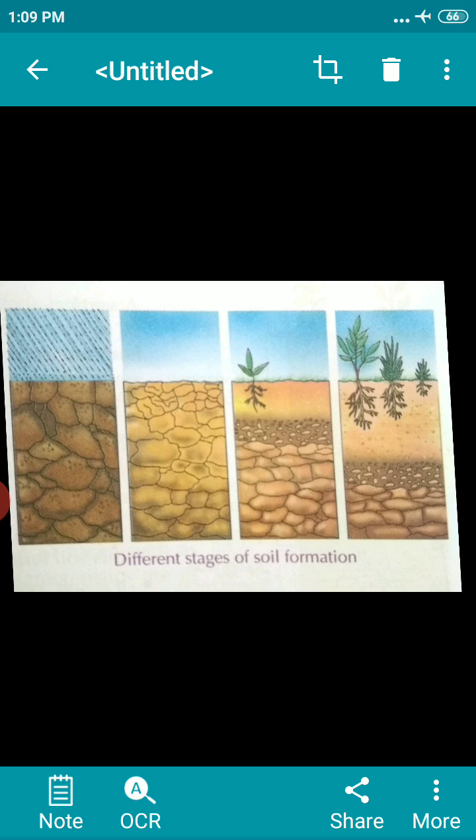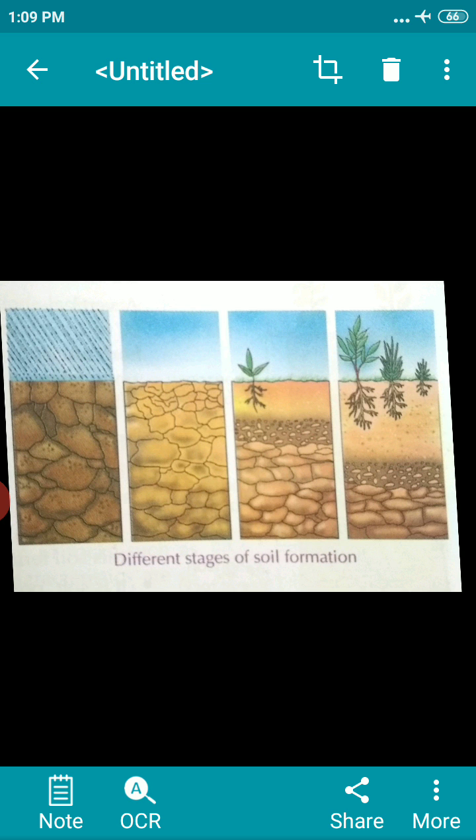The smaller particles mix with the decomposed parts of dead plants and animals and then it forms the humus. So thus the soil is formed by the process of weathering.